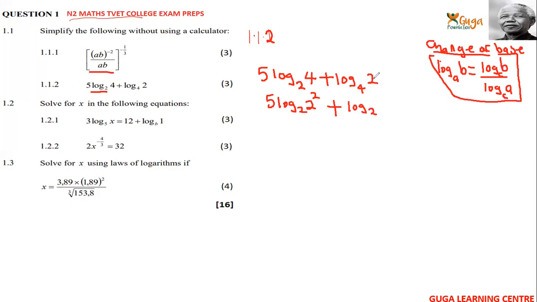Then you keep your 2, all over log base 2 of 4. Just follow the notation that I used: your B is there, and your A is still here, but you just change the base.